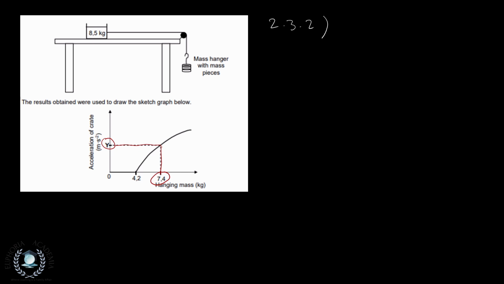All right, so we're going to first start off with the crate. For the crate, we still use Newton's second law, F net is equal to ma, where our sum of forces is positive to the right.